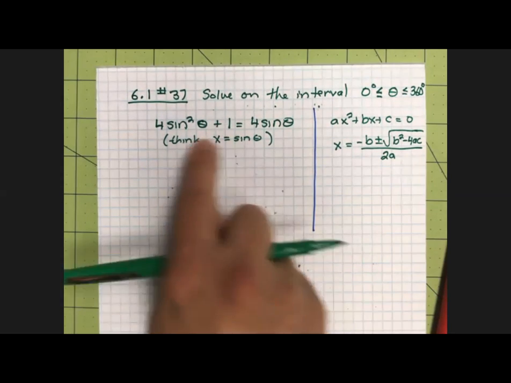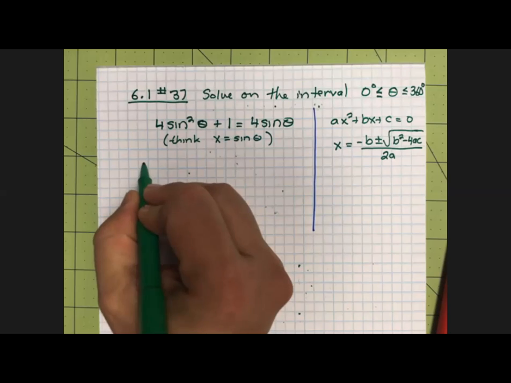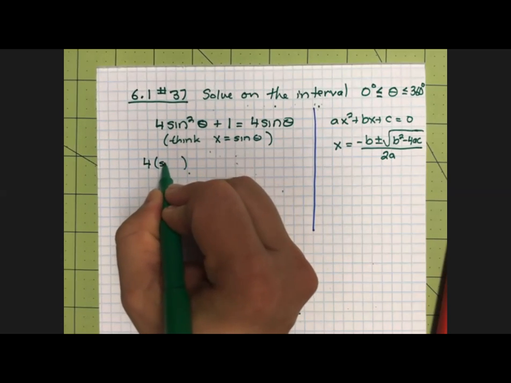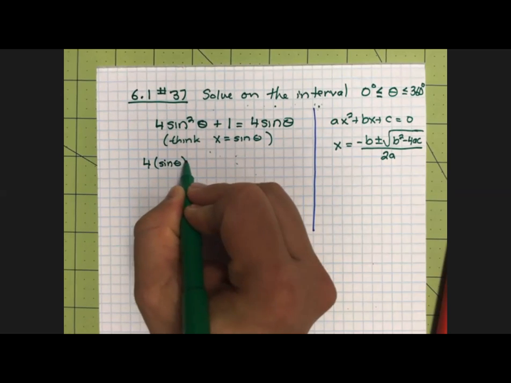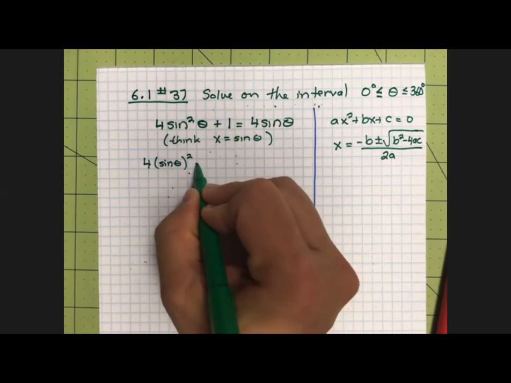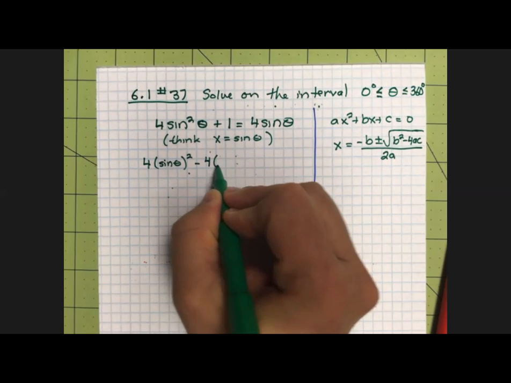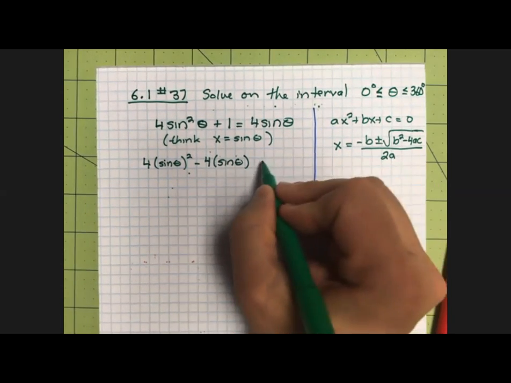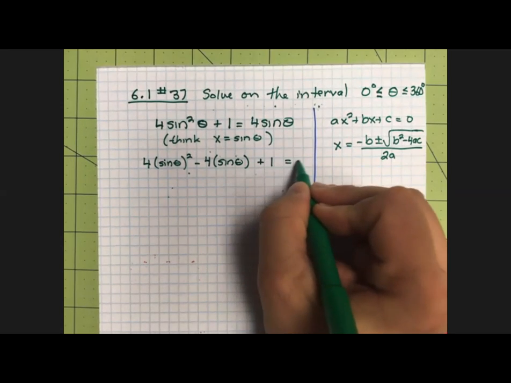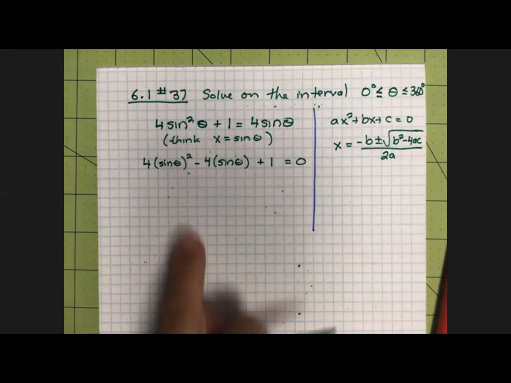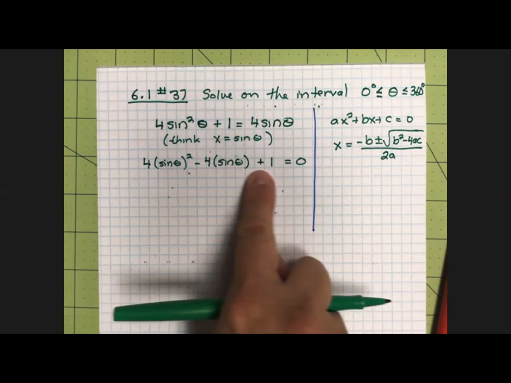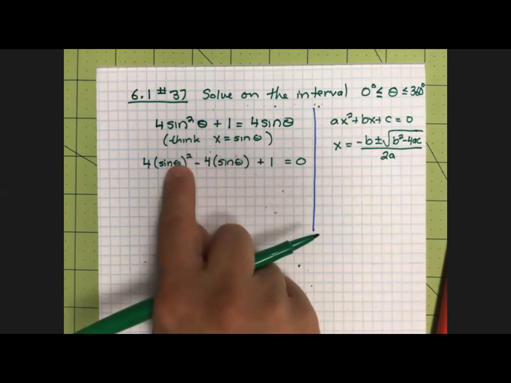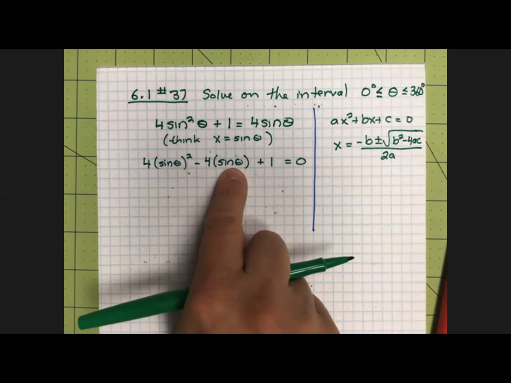Let me first of all just organize it that way. 4 sine theta squared minus 4 sine theta plus 1 equals 0. So this looks like a quadratic equation. I just have sine theta in place of x.